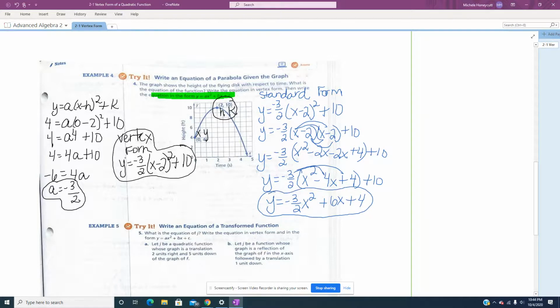So some of your questions will ask you to write it in vertex form and then change it to standard form. So basically when you're working from vertex to standard, you need to follow order of operations and then simplify algebraically.